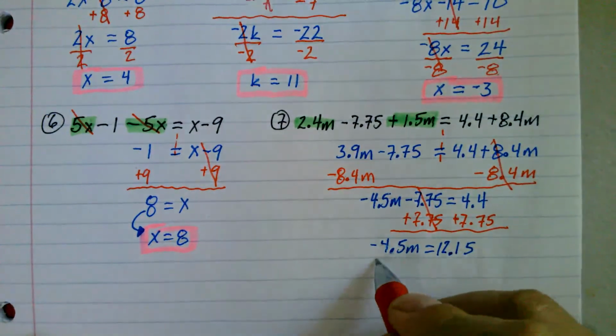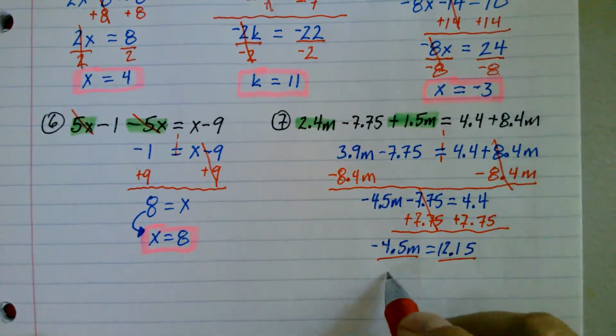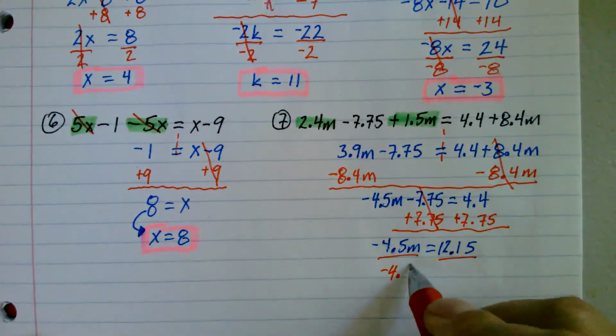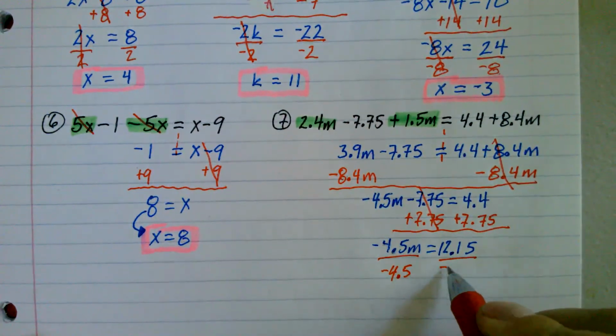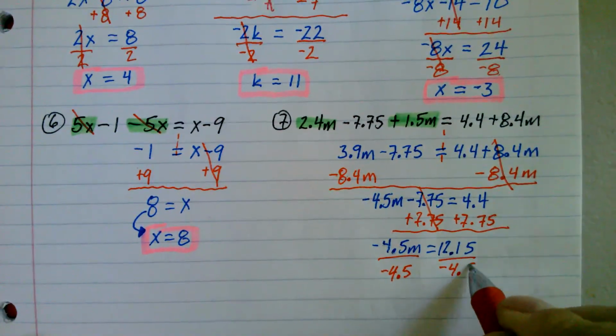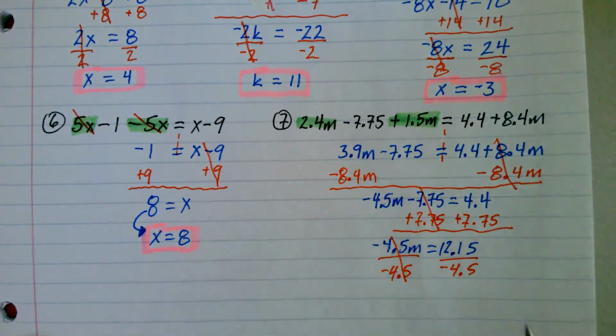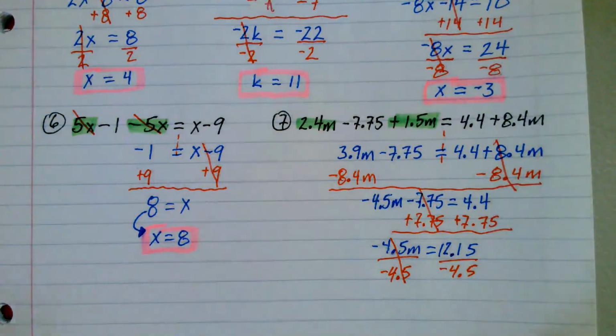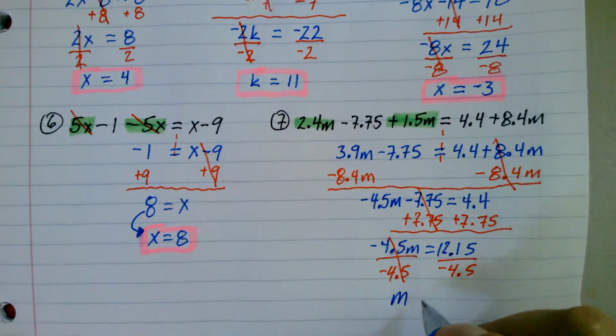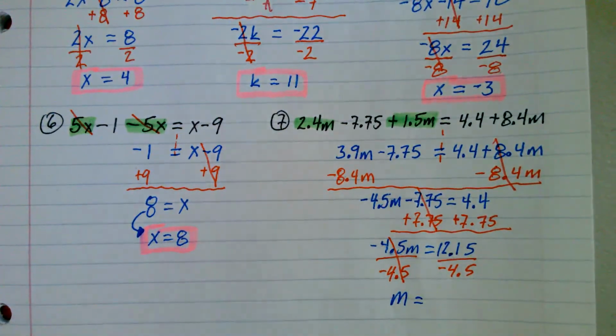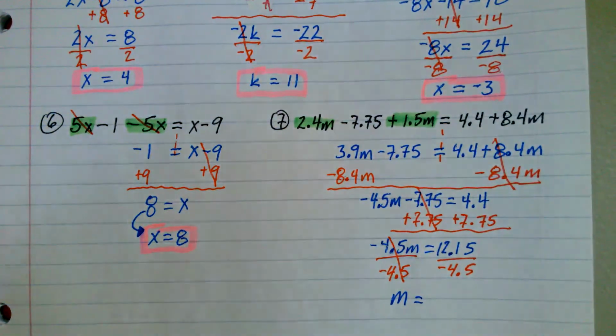Divide. And I will get my final answer, hopefully. I think at this point, the calculator would be helpful. I want 12.15 divided by negative 4.5.